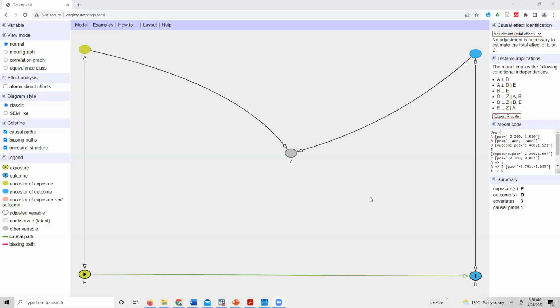Let me know if you're able to see my screen, which is basically the software. Yes. Okay. And did you all open the software? Were you able to open it on your computer?